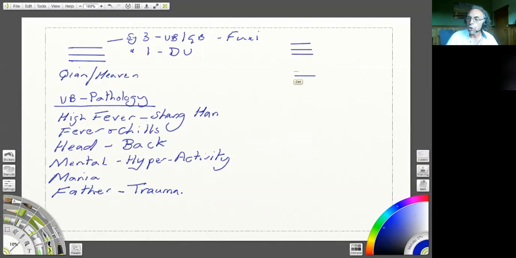Yeah, like a trauma from father might be father was alcoholic, or there was some level of abuse that went down with the father, or there's some difficulty in the current relationship with father. We think about the Trigram of Qian.